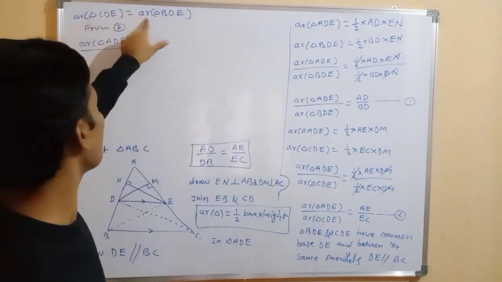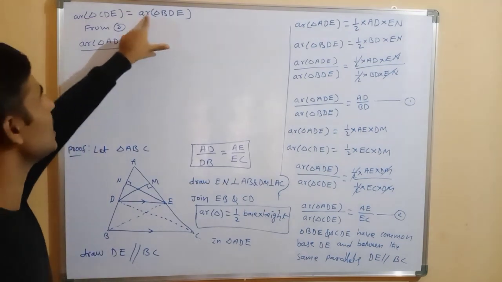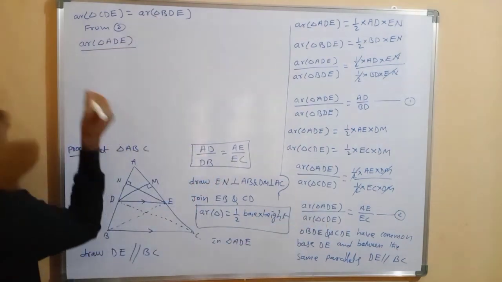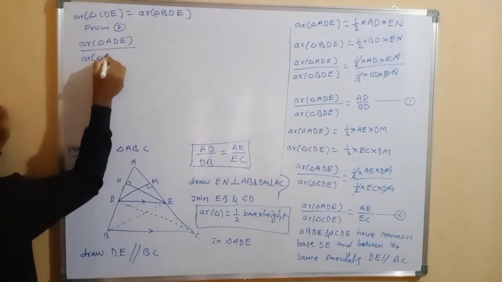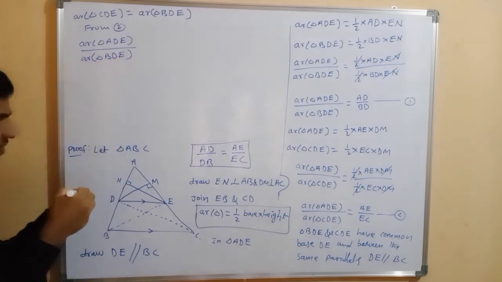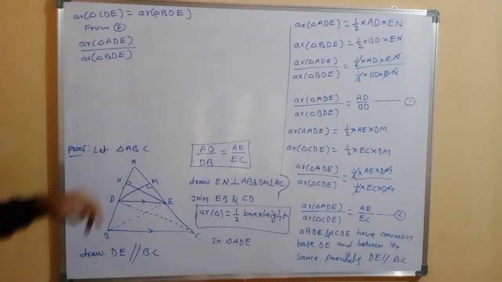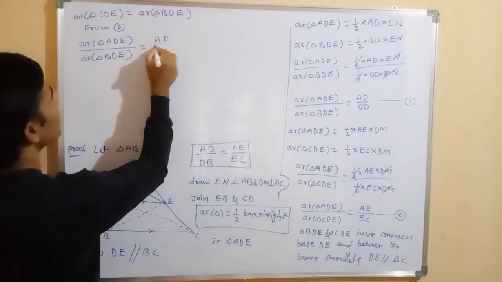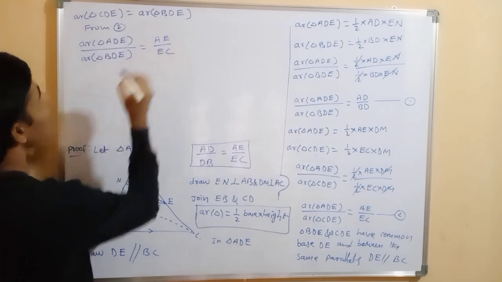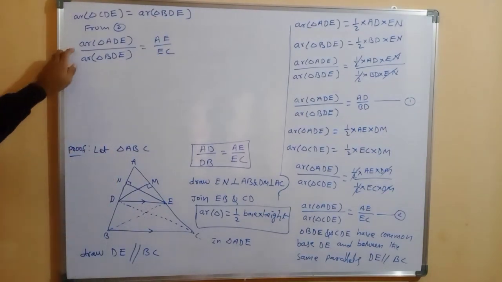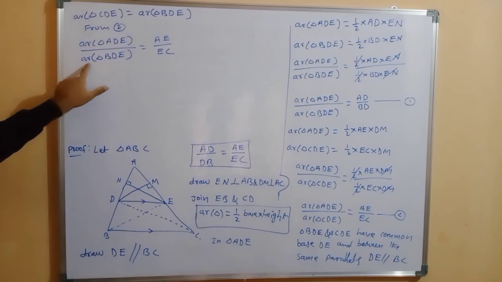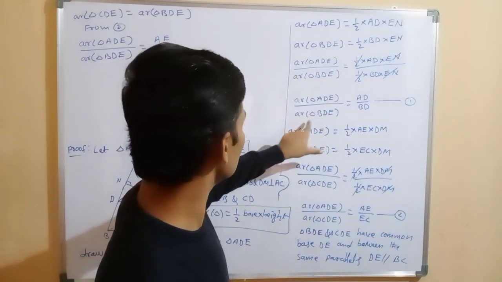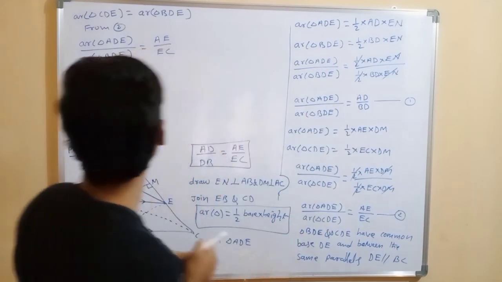Since the area of CDE equals the area of triangle BDE, we substitute triangle BDE in place of CDE. So the area of triangle ADE by the area of triangle BDE equals AE by EC. And from 1, the area of triangle ADE by the area of triangle BDE equals AD by BD.